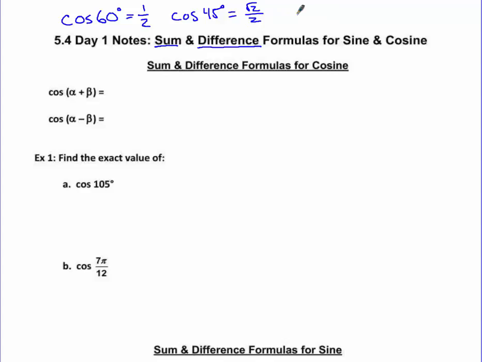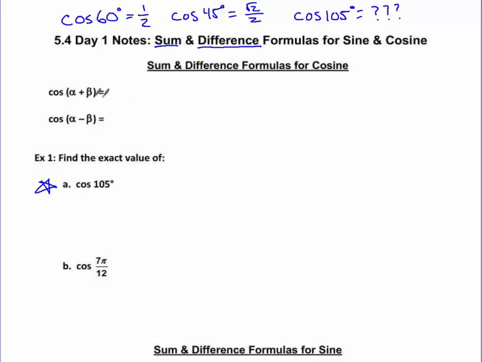But if I asked you to find the cosine of, let's say, 105 degrees, that's like our first problem down here we're going to do in a second. Well, you can't look on your unit circle to find that, can you? Because it's not one of our values. So we're going to learn a quick, easy, repeatable method to find the exact value of a lot of different angles, even though they're not on our unit circle.